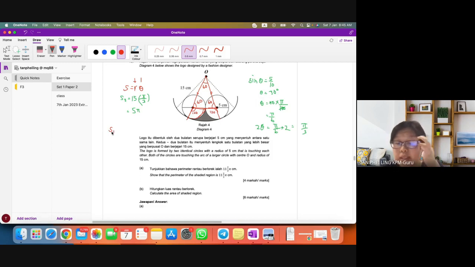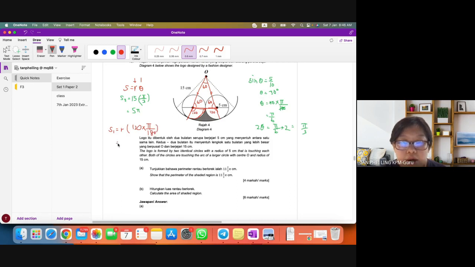Our S1 and S2. So S1 over here, we have to make the 120 first. So R is our radius, and theta is our 120. So I'm changing 120 to pi radian, times pi over 180.